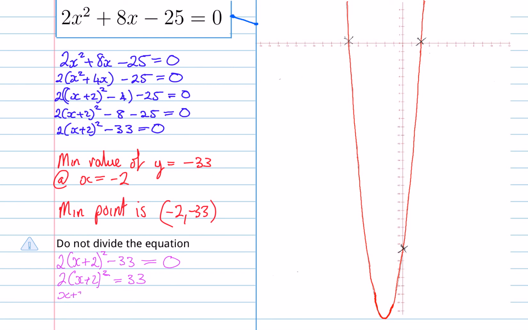So (x + 2) all squared is going to be equal to 16.5. x is going to be equal to -2 plus or minus the square root of 16.5. So x is equal to -2 + root 16.5, and x is also going to be equal to -2 - root 16.5.